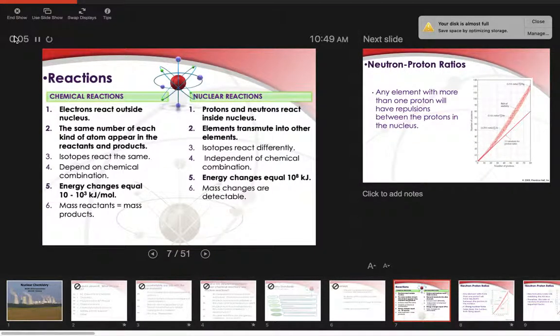Basically, the difference between chemical reactions and nuclear reactions is that nuclear reactions are in the nucleus, right? So we're changing protons and neutrons, and elements are changing into new elements. Energy changes are really big with nuclear reactions, not quite as much with chemical reactions.